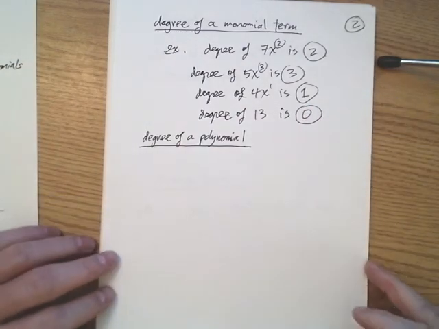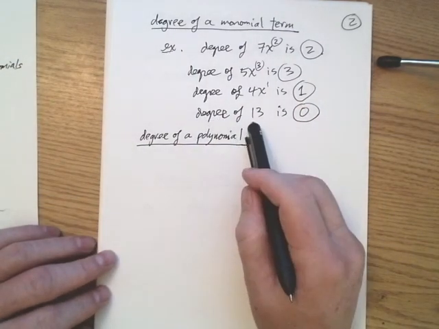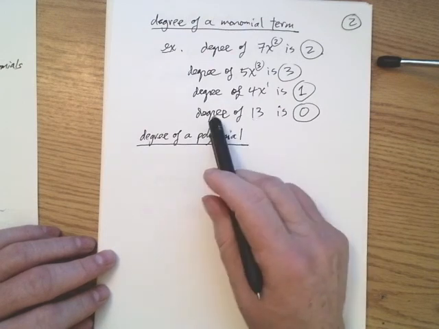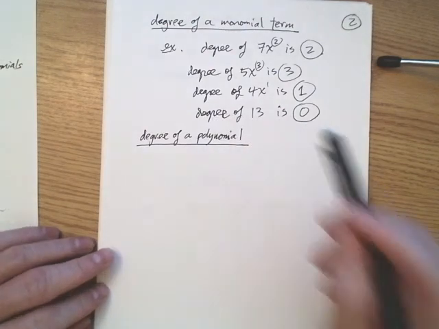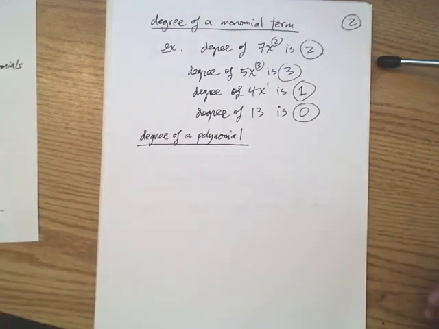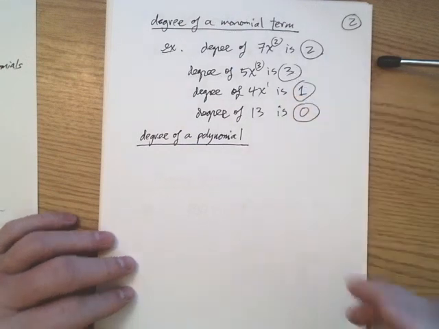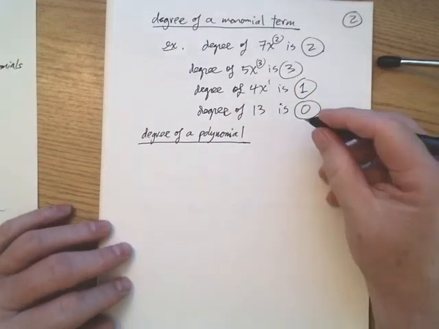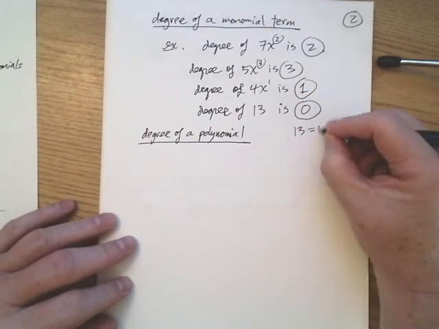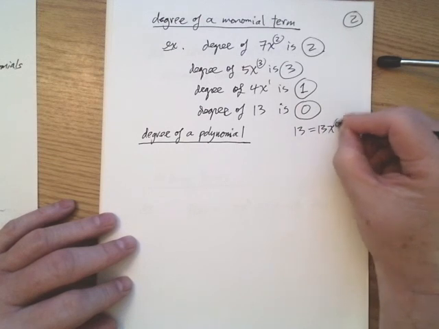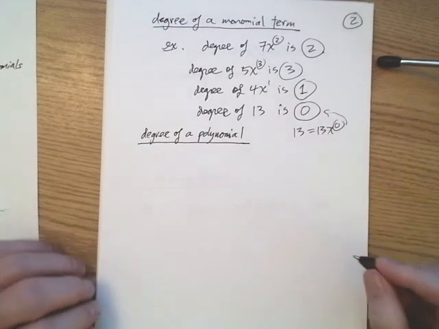By the way, I'm not going to go into it, but some people would make an exception here for a constant term. The degree of 0 is sometimes referred to as minus infinity, believe it or not, for various and sundry reasons that we might discuss later. But anyways, I hope you understand that this is actually of degree 0, because I can think of 13 as 13x to the 0 power, right?